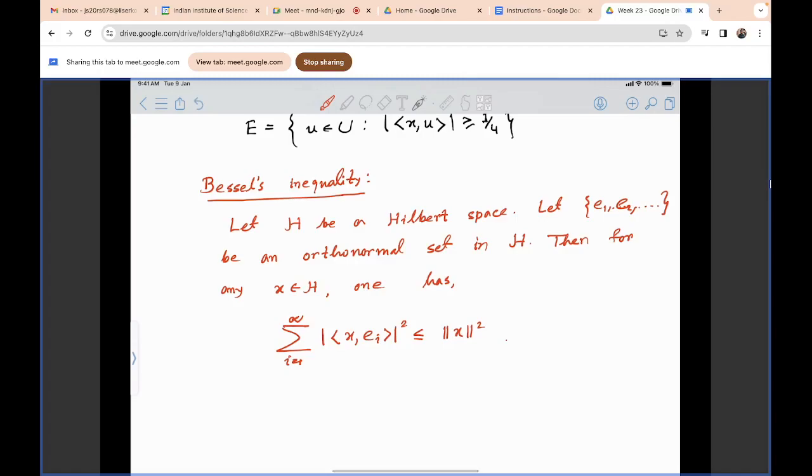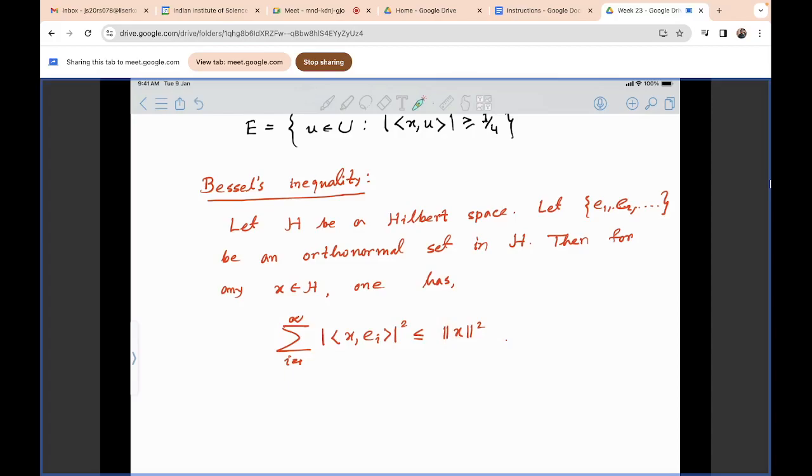It's saying that for a Hilbert space, given any orthonormal set, not necessarily a basis, which may not span the whole of H, for any x in the Hilbert space, if you take the inner product of x with all of that orthonormal set and sum the squares, it will always be at most the norm of x squared.